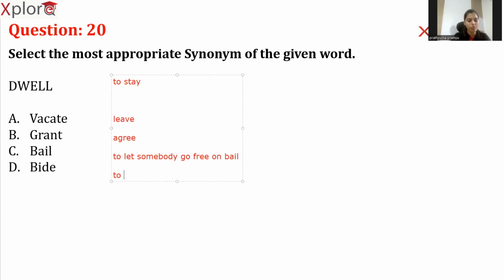Bide meaning also the same, to stay or to remain. So based on the meanings of the words we have here, the synonym for dwell is bide, meaning to stay or remain in the same place or to reside in. So both are same. Now the answer for this is option D.